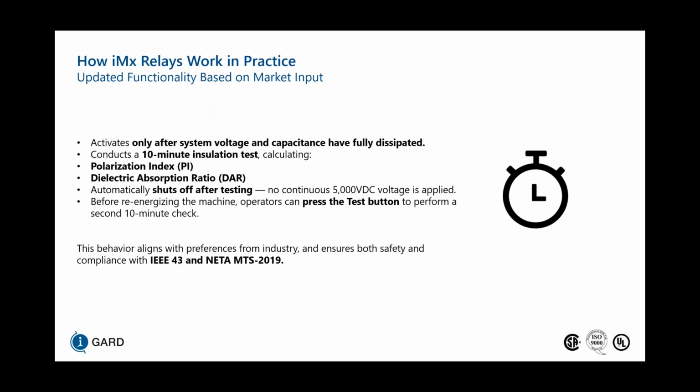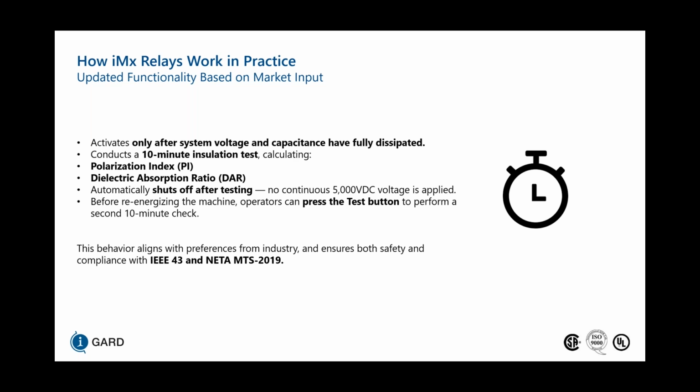The IMX relay that we have, and we've updated based on market input, activates only after system voltage and capacitance have fully dissipated. It conducts a 10-minute insulation test calculating the polarization index, denoted as PI, and a dielectric absorption ratio, designated as DAR.